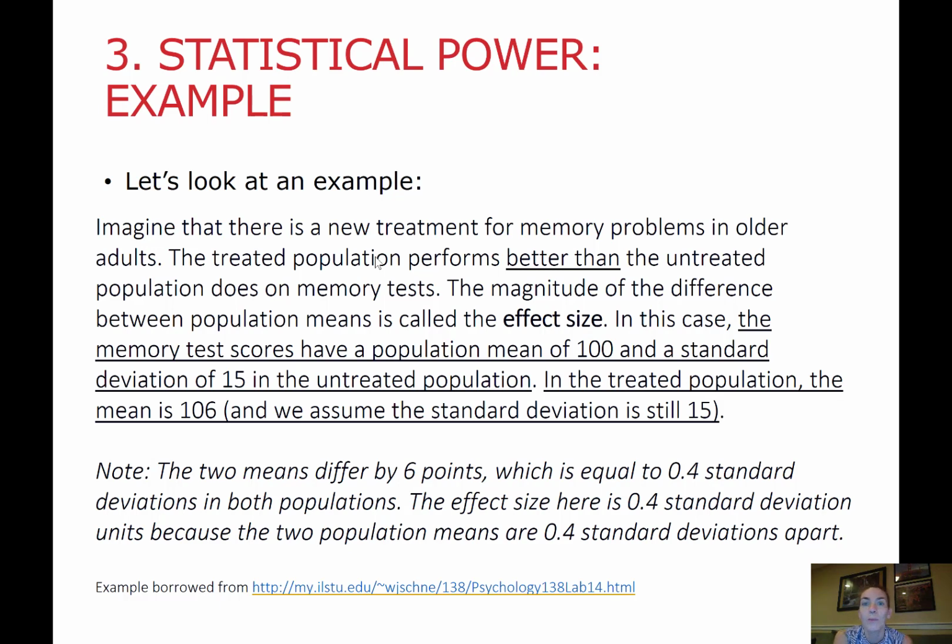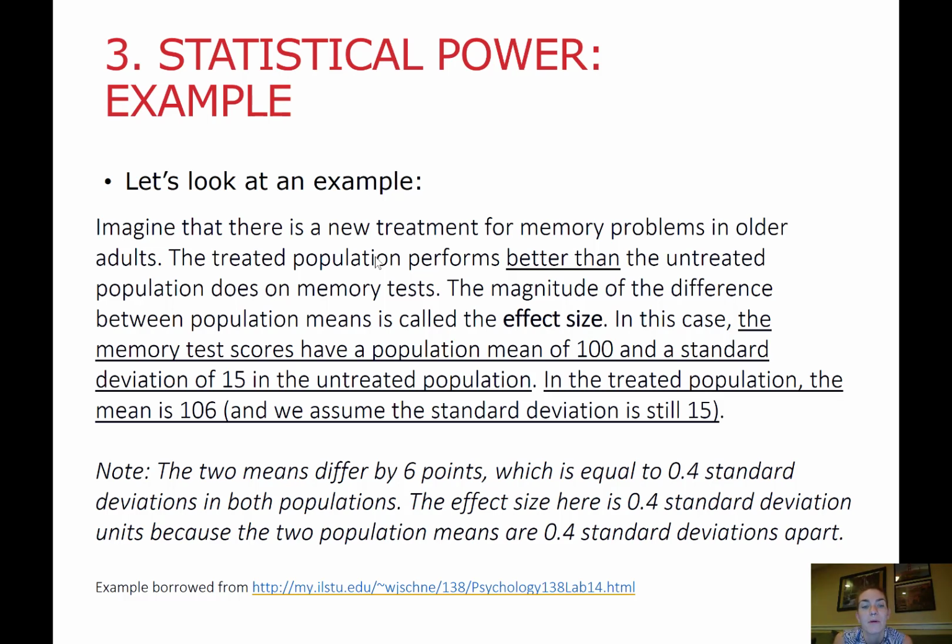And that group actually does perform better than an untreated population on memory tests. And the magnitude of the difference, recall, would be effect size. So the difference between population 1, the treated population, and population 2, the untreated population, is effect size.